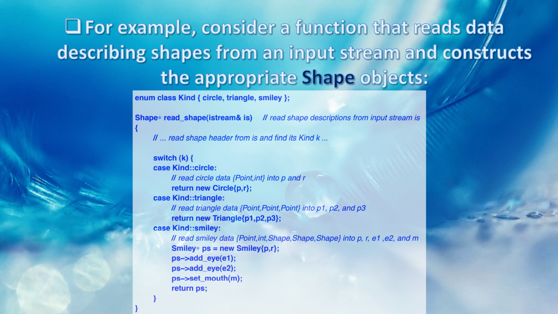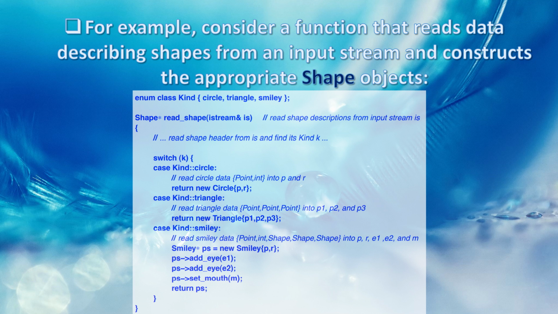case Kind::triangle: // read triangle data {Point,Point,Point} into p1, p2, and p3. return new Triangle{p1,p2,p3}; case Kind::smiley: // read smiley data {Point,int,Shape,Shape,Shape} into p, r, e1, e2, and m.